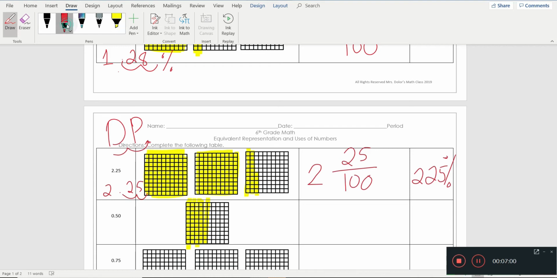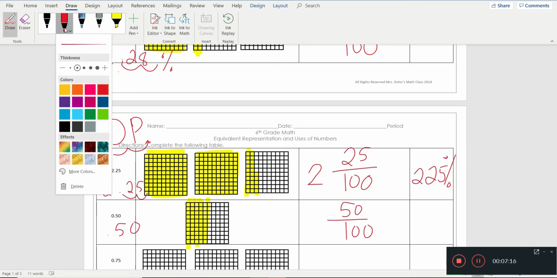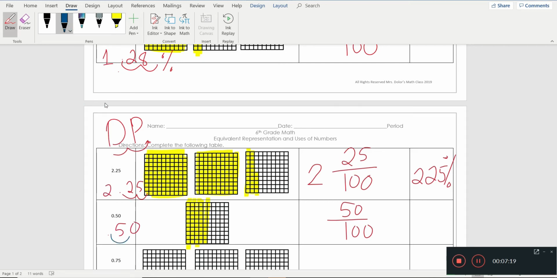So from the concept that we have, percent means per 100. So 50 out of 100. So if we have 0.50 here, we need to move the decimal twice to the right. So 1, 2, then replace the decimal point with a percent symbol. So that will become now 50%.